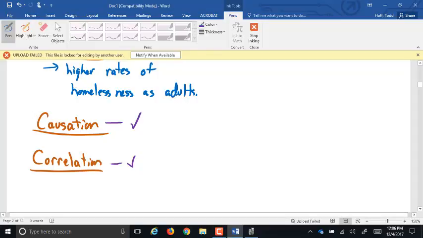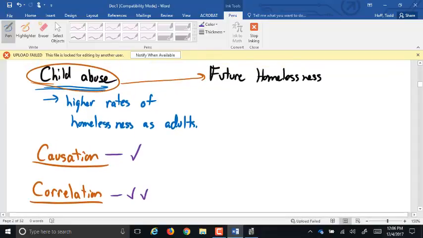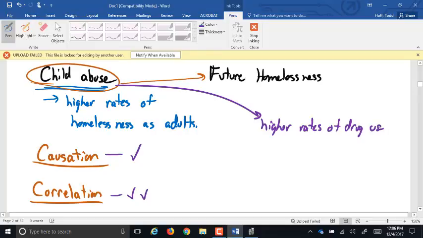Well, it's one of those, it's a gray area. Being abused as a child could lead to higher rates of drug use. It could lead to higher rates of mental illness.